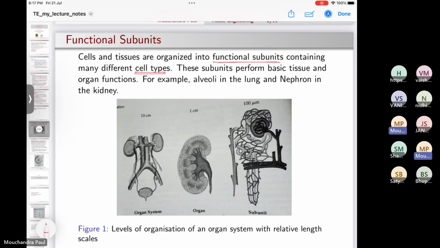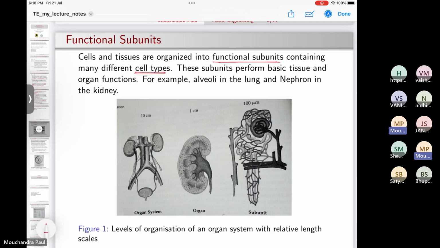So if you look at these five cell types, the cells that make the 5 tissue types, together they make a functional subunit, and a large number of functional subunits make an organ. So this is how you hierarchically understand the overall structure of our body.